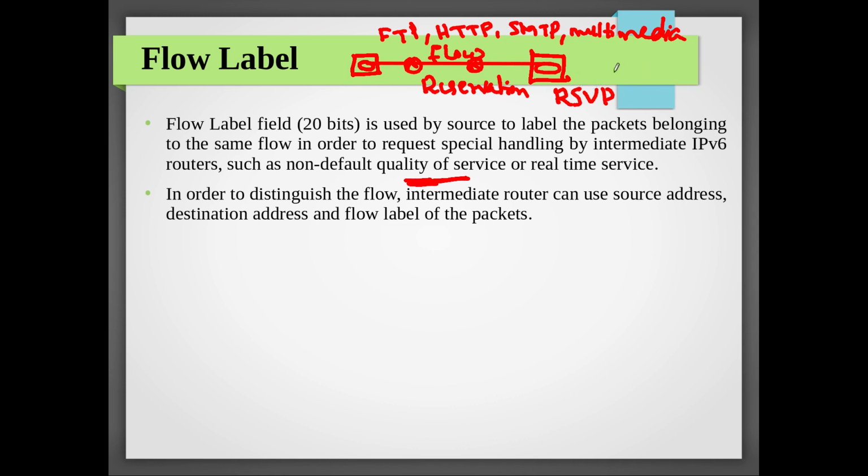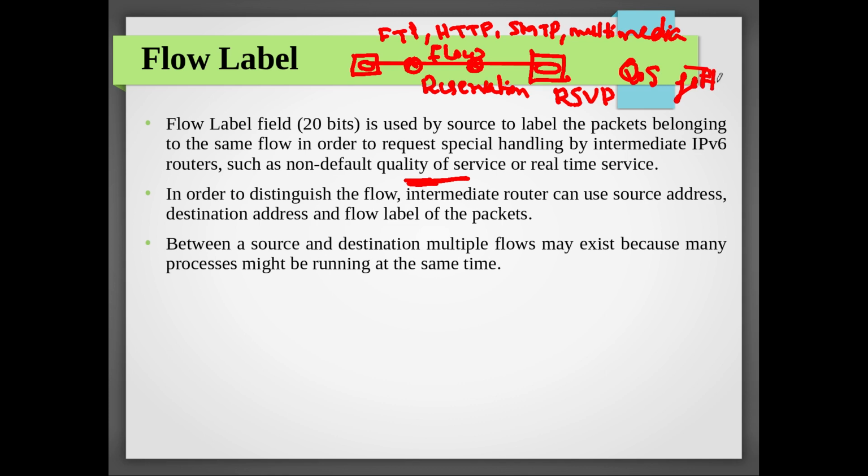That is one way of providing QoS, quality of service guarantees, like less jitter, less delay, or less loss of data. If you want to provide some quality of service parameters, accordingly some reservation can be made, maybe by using a protocol like the reservation protocol on the intermediate routers for a given flow. So that is where the idea of flow is coming.